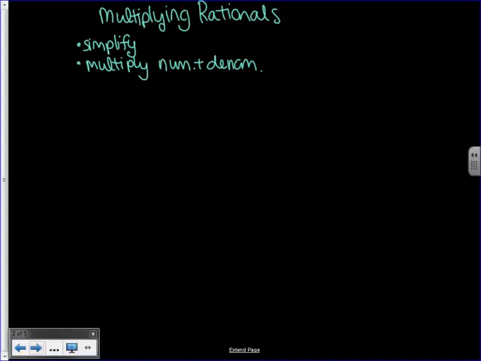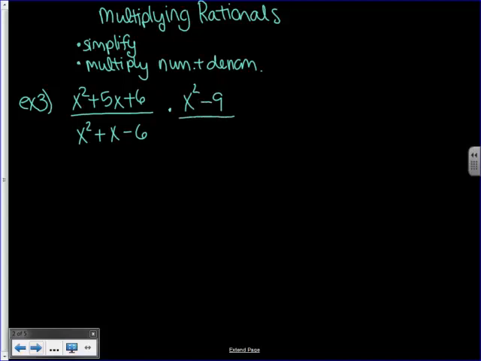Okay, so for example 3. X squared plus 5x plus 6 over x squared plus x minus 6 multiplied by x squared minus 9 and then x squared minus x minus 6.